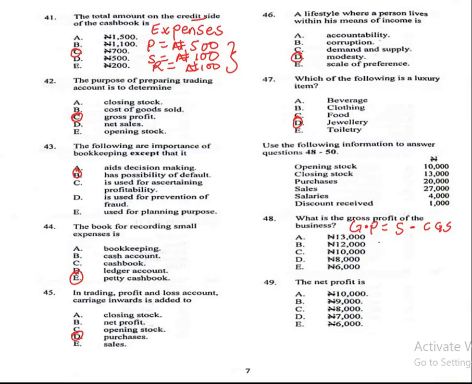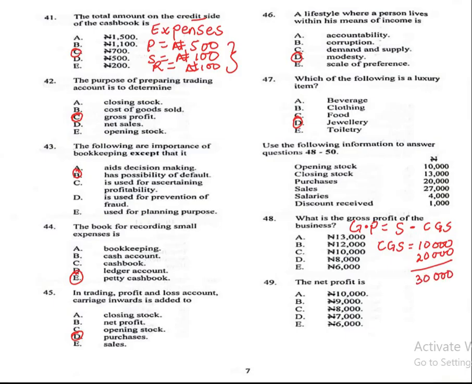It is equal to opening stock, which is 10,000, plus purchases made, which is 20,000. In total, the opening stock and the purchases give you 30,000.